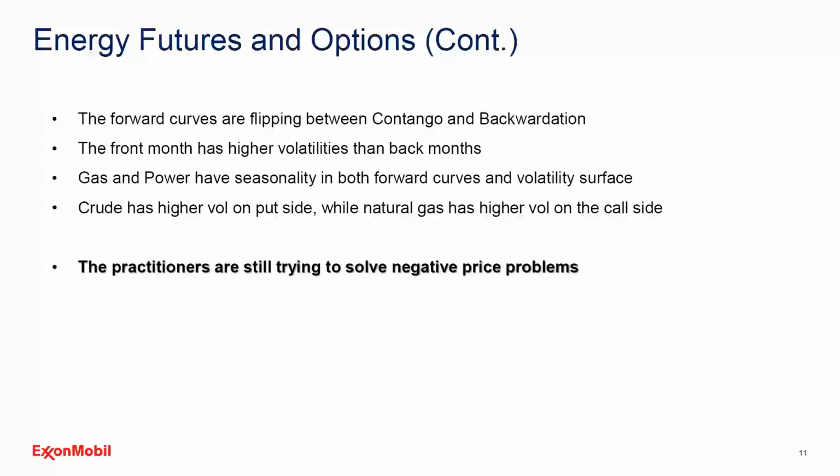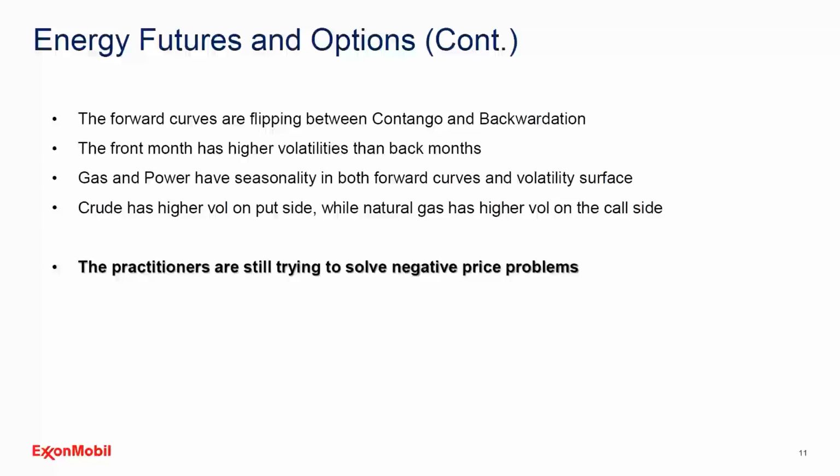The front months usually have higher volatility than back months, and this is generally called the Samuelson effect. Gas, power, and also refinery products usually have seasonality. Crude oil has a higher volatility on the put side, and natural gas usually has higher volatility on the call side.